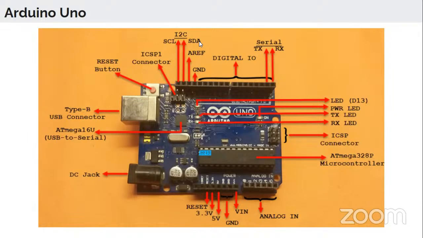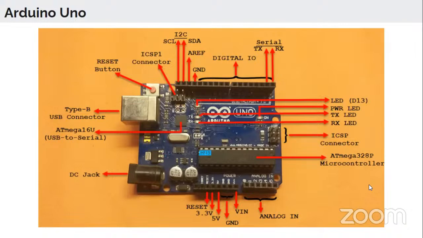If you know what an OLED is, an OLED screen works more like an LCD screen, but that OLED display works on the I2C protocol. So if you want to use that OLED display, we have to connect the SCL and SDA pins to that display. So this is another kind of communication protocol.